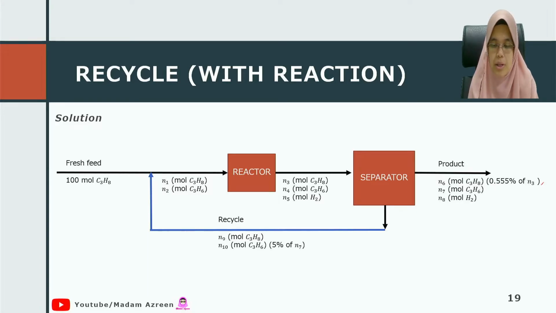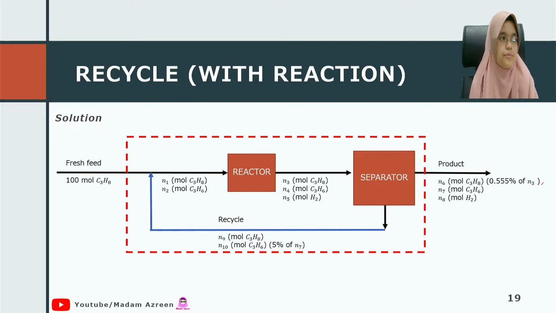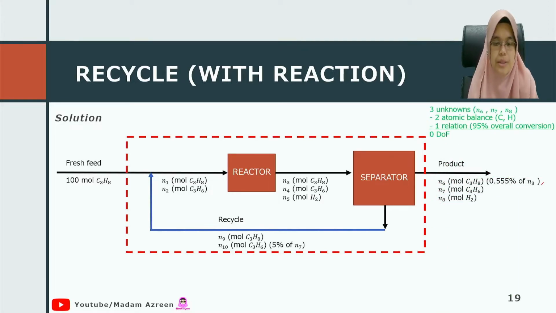Okay, and the first thing you need to do, after you label all the unknowns, is draw a boundary. When you have this boundary, what next? With this boundary, you have to do a degree of freedom analysis. To do the degree of freedom, you have three unknowns, which are N6, N7, and N8.